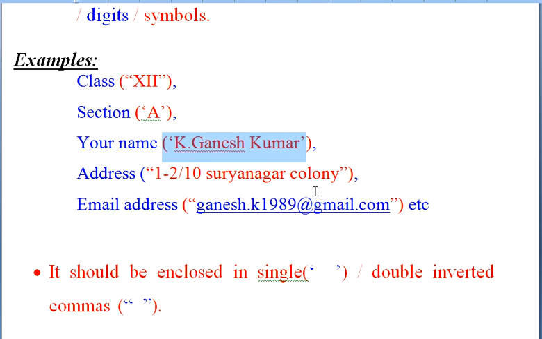A string can be a combination of characters and symbols. A string can be a combination of all, that is, characters, digits and special symbols. That's what we have learned in this concept. Now let us focus on string functions. What do you mean by string functions?